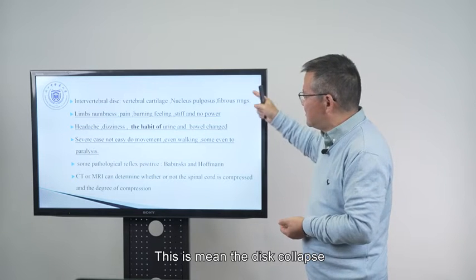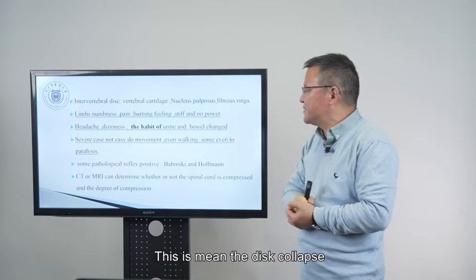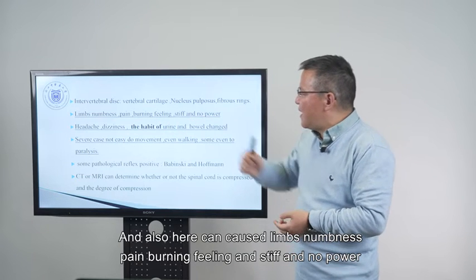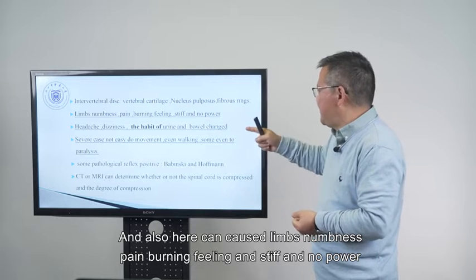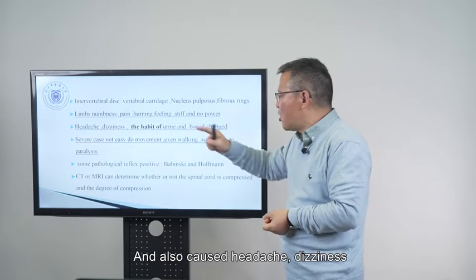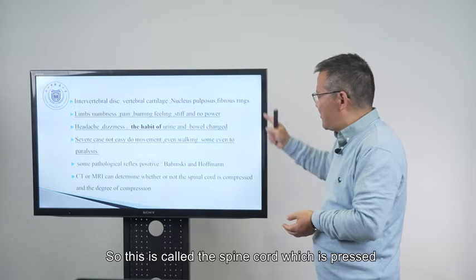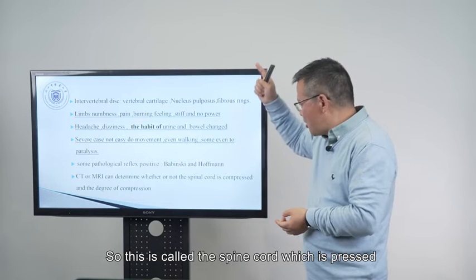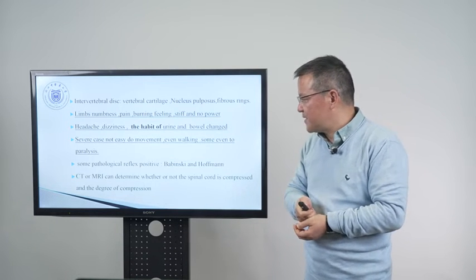This means the disc collapses. And here it can cause limb numbness, pain, a burning feeling, stiffness and weak nerve power. It can also cause headache and dizziness. So this is what we call the spinal cord being pressed. Okay, we can see.